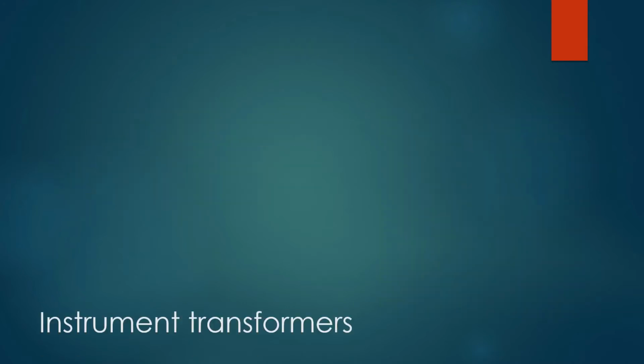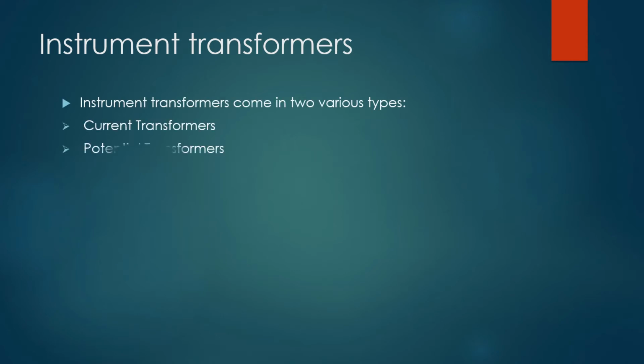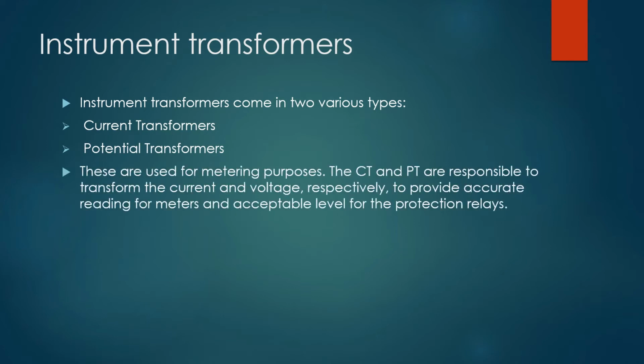Let us look at the types of transformers. We have what we call the instrument transformers. They have two types. We have the current transformers and the potential transformers. The two of them are used for metering purposes.